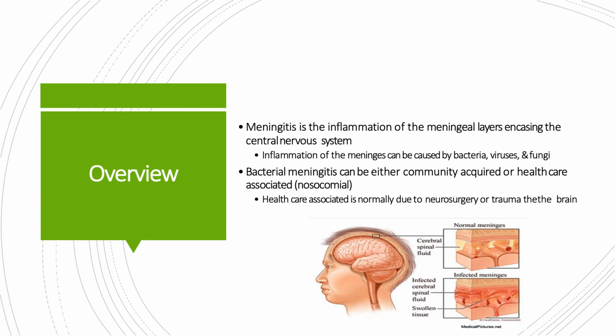So with that being said, there are vaccines that prevent the transmission of these organisms. So in the event that people are not vaccinated against these, then we can see the community-acquired bacterial meningitis. So those will be the organisms that we most likely see, those three that I listed, the majority of the time.